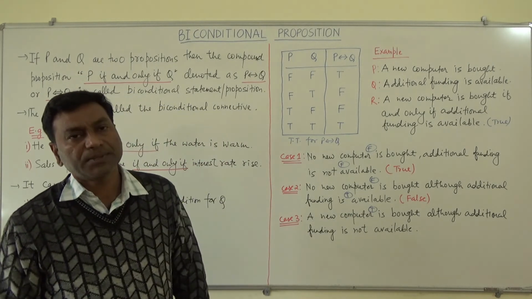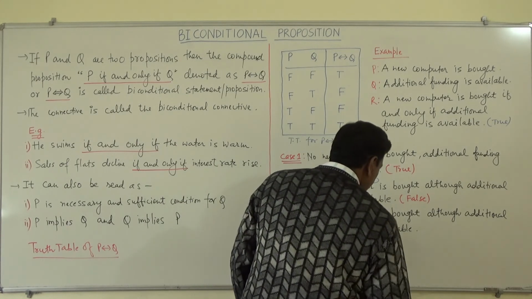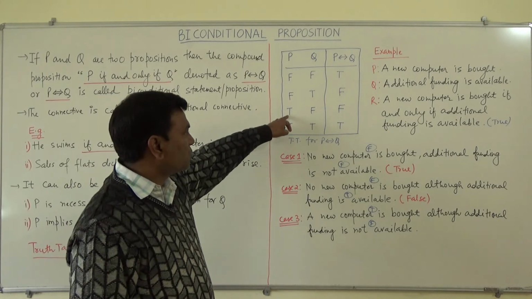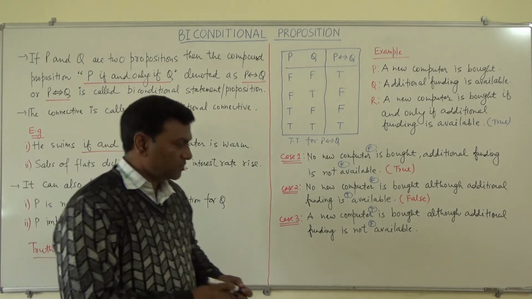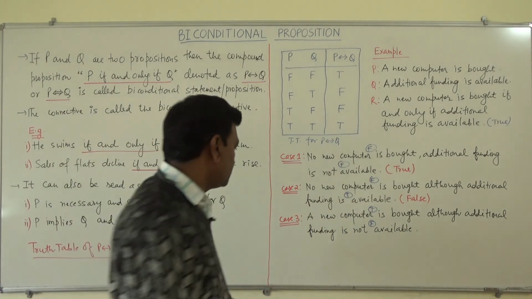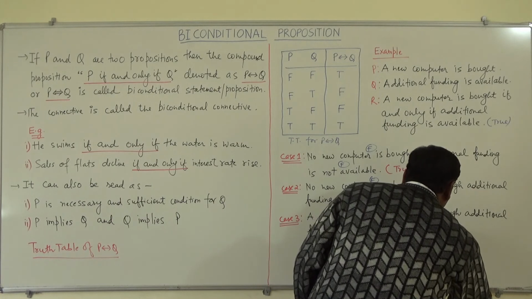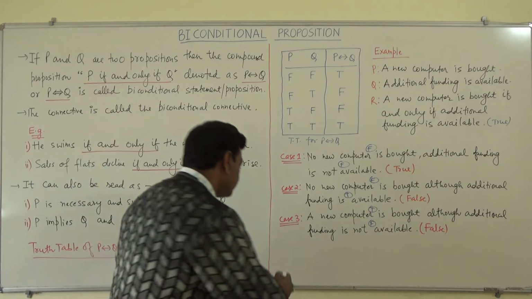When funding is not available, Q is false. So in this case, when P is true and Q is false, it should be false. So we can write this R will be false.